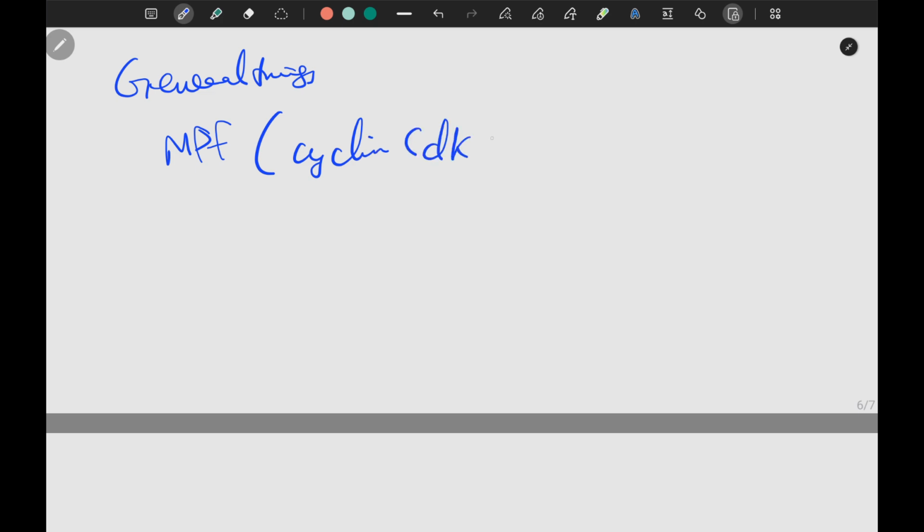Now some general things. MPF is not the only one that initiates mitosis; it's not only the cyclin CDK complex. There are others also, multiple types. For example, MPF controls the G2 to M phase transition.